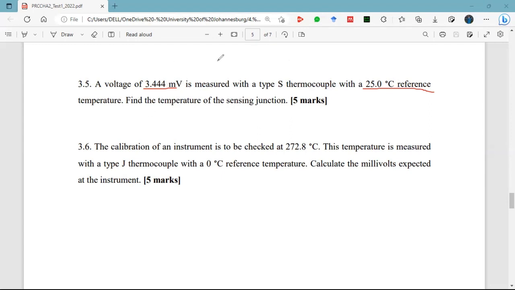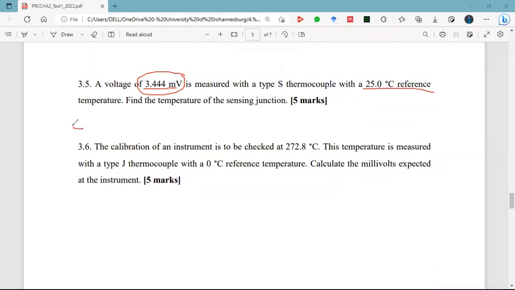So this simply means that for you to go now and use that table, your voltage needs to be one that is found from a table that has 0 degrees reference temperature. This one has 25.